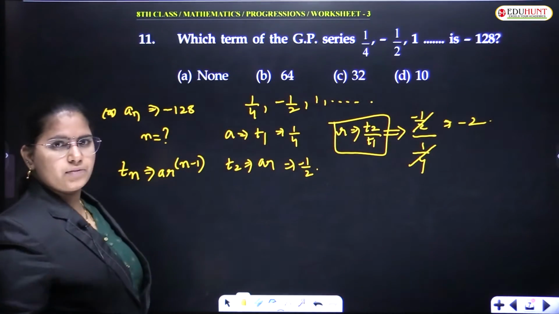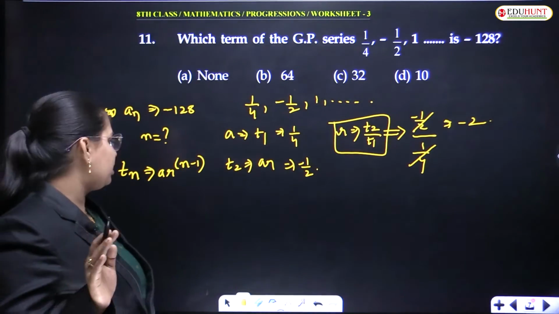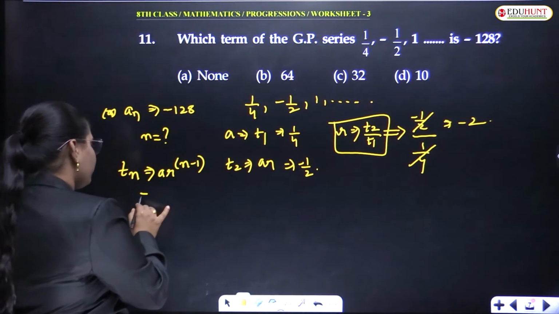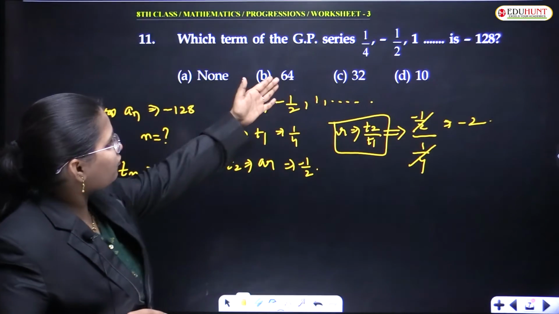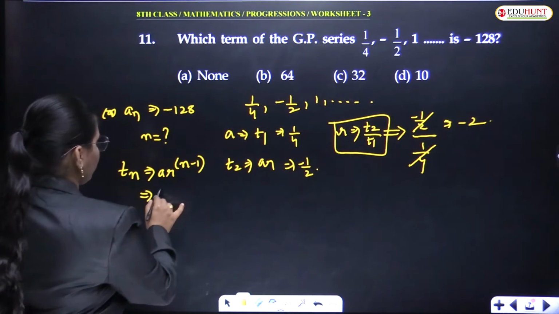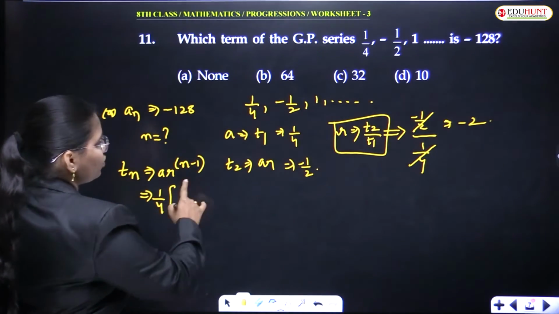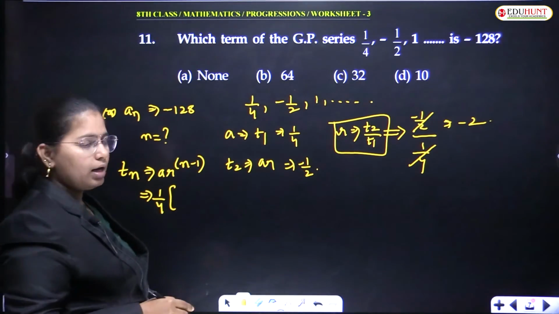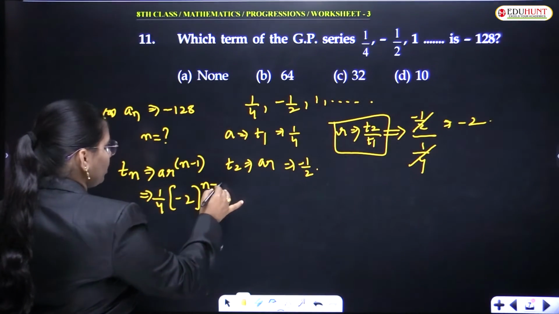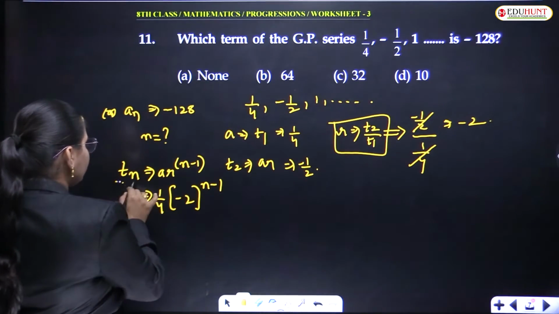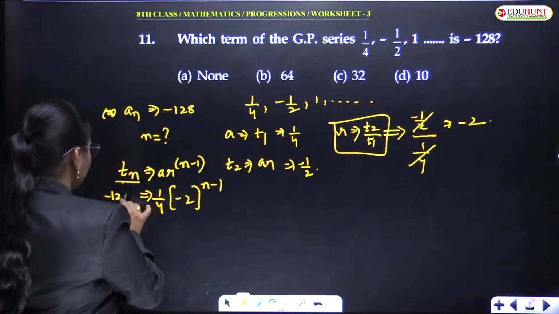This is the formula, correct? What is the value of A in this question? The first term is 1 by 4, which is already given, into R, which is minus 2, to the power of n minus 1. And here Tn is given as minus 128.